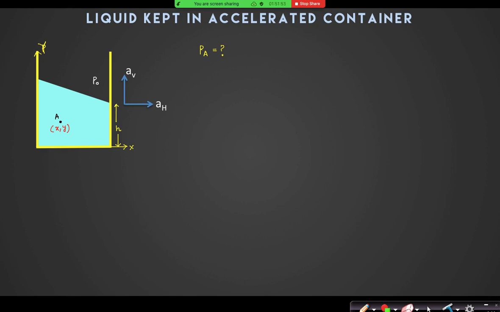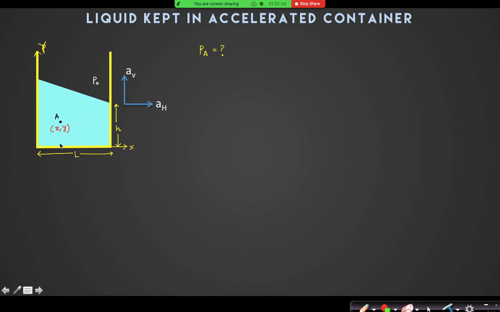And also this length you can take L. Sir, is it P naught plus rho g into H minus Y plus rho g into L minus X? Is it rho g, or are both accelerations, AH and AV, there? Then it will be g plus AV. Yes, good.